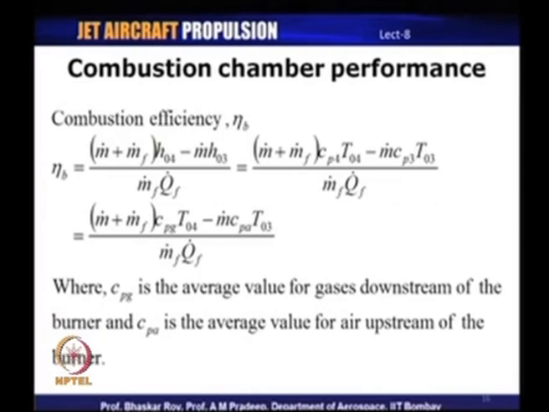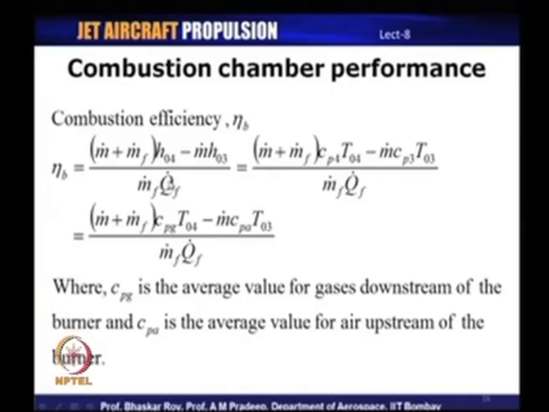Now, combustion efficiency, which is denoted by eta subscript b, where b stands for burner, is defined as follows. This will be the ratio of the difference between the exit enthalpy and the inlet enthalpy, divided by the fuel added.